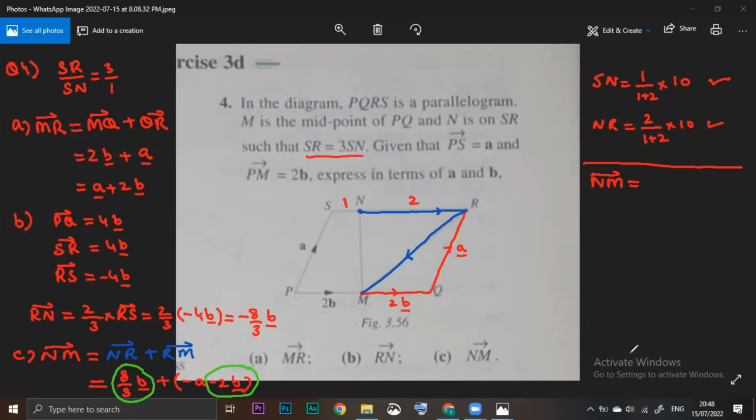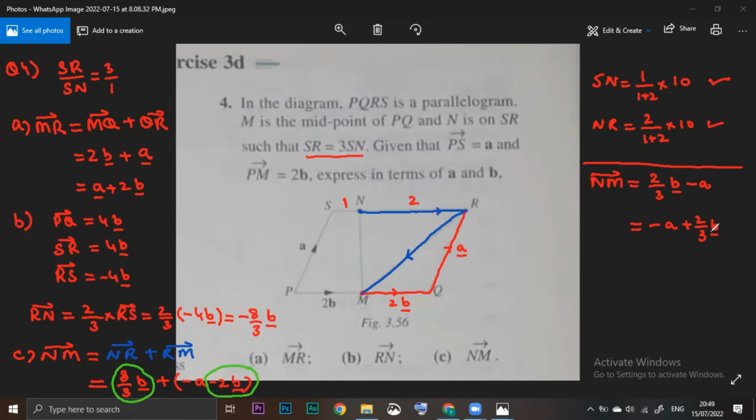The answer should be a simplified expression. 8 over 3B minus 2, which is 2 over 3B, minus A. So the answer for NM is minus A plus 2 over 3B.